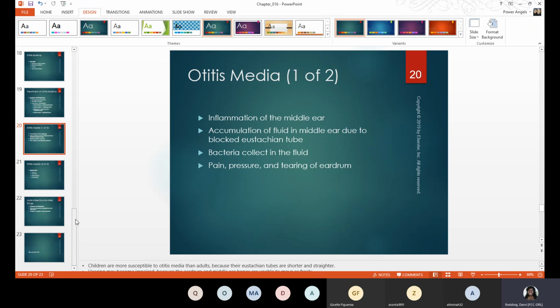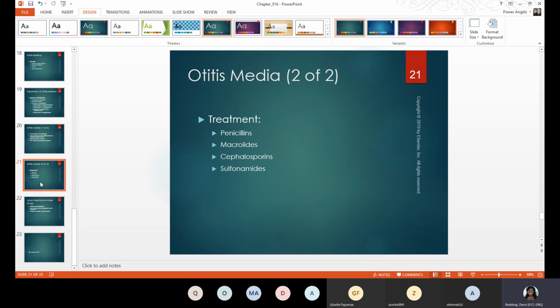So we learned about the otitis media and that it's where the middle ear is inflamed. Next, let's learn about some treatment of the otitis media. So some of the treatment is going to include antibiotics, and there are different classes of the antibiotic.